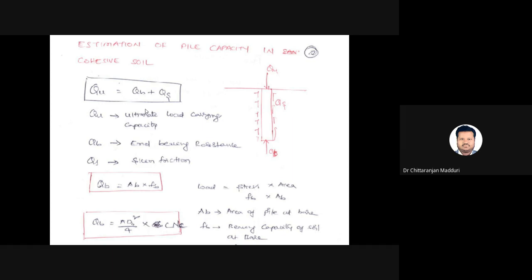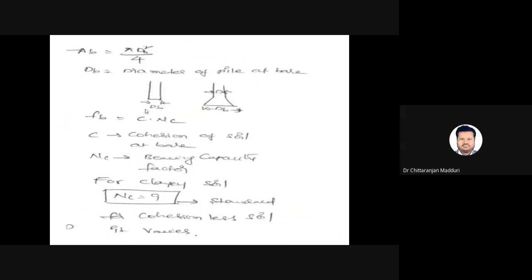Ab equals area of the pile at the bottom, pi d square by 4, and fb equals bearing capacity of soil at the base, c into Nc. c is the cohesion of the soil, Nc is the bearing capacity factor. For clay soil, it is 9. Ab equals pi d square by 4, with the diameter of the pile at the base, and fb equals c into Nc. For clay soil, Nc equals 9, it is a standard.